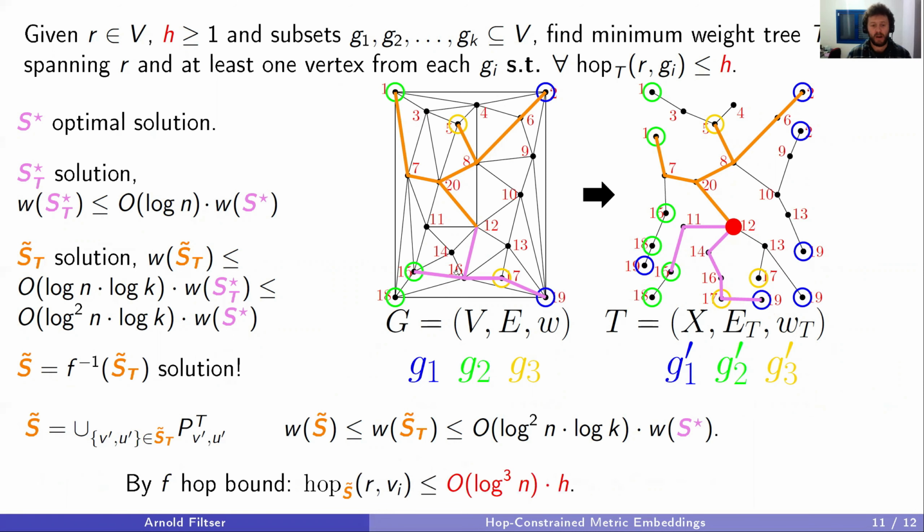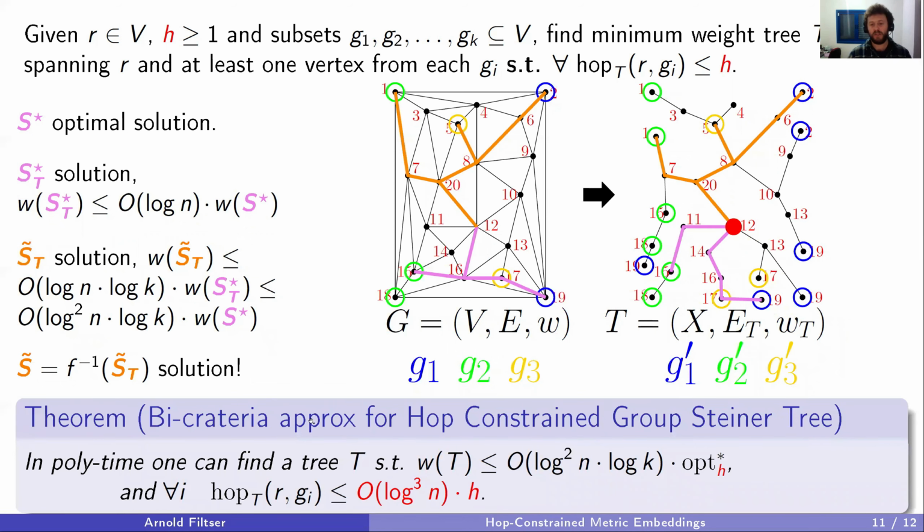And we also have the hop bound because the hop distance between the vertex R and every group here will be at most log cube n times h, because there is some associated path in the tree T, and because F has small hop bound, we are guaranteed it will be small in the graph G as well. So that's it. We got our bicriteria approximation for the group Steiner problem.